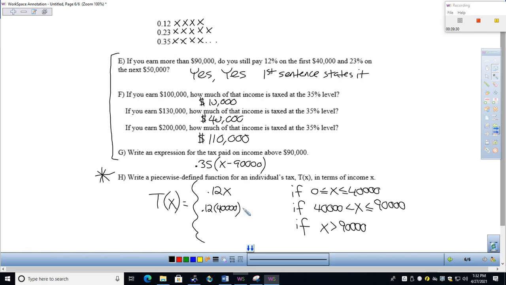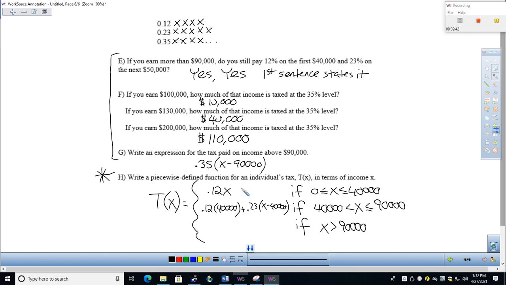And then the 23% kicks in for just the amount above 40,000. That's a big piece right there. I want you to see that. So again, if you look at your answers of B and D, first 40,000 is taxed at 12%. Above 40,000 is taxed at 23%. Those are the two that added together would give you the tax.